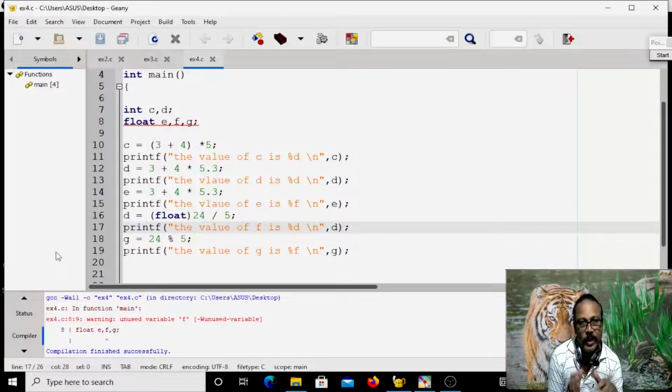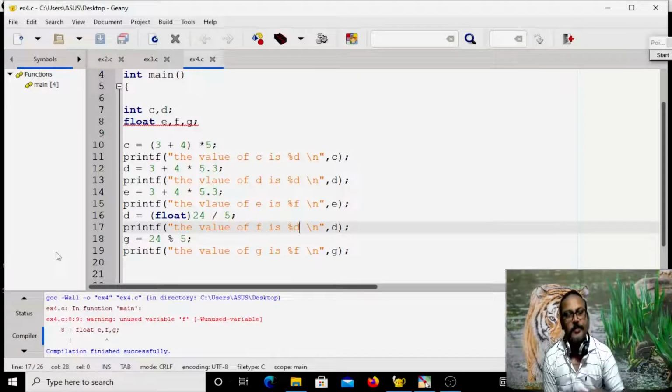You have to revise these things, and then work. But remember the rules: integer division will be there, floating division will be there. Depending on your requirement, you have to use parentheses, convert appropriately, etc.